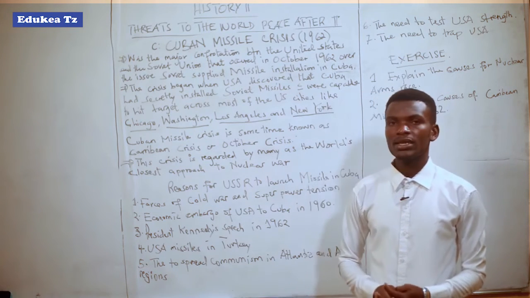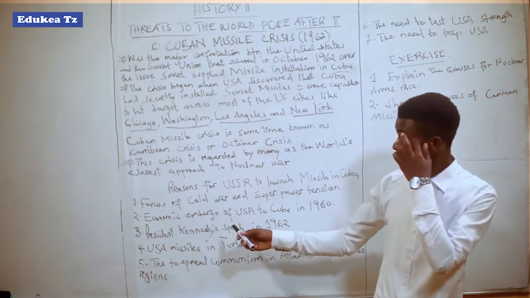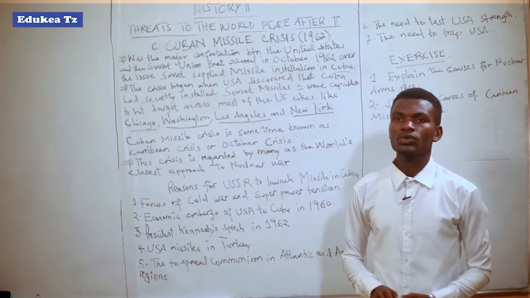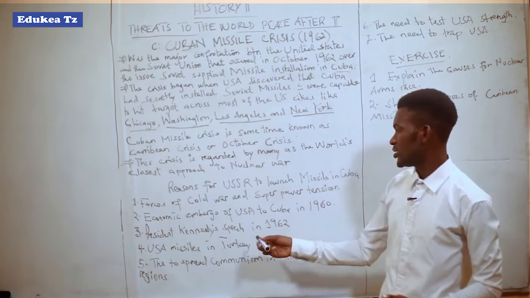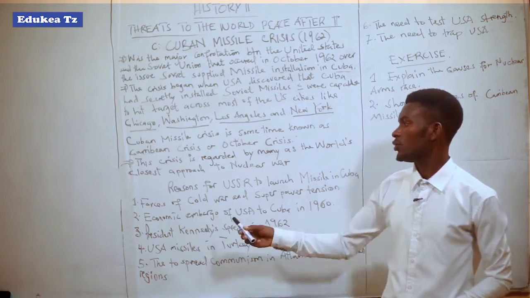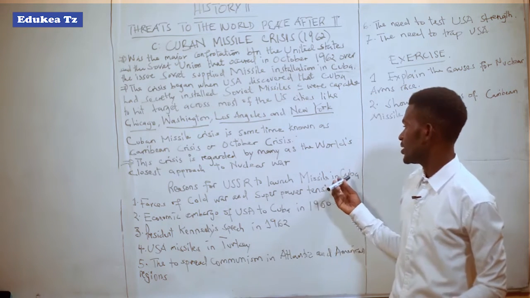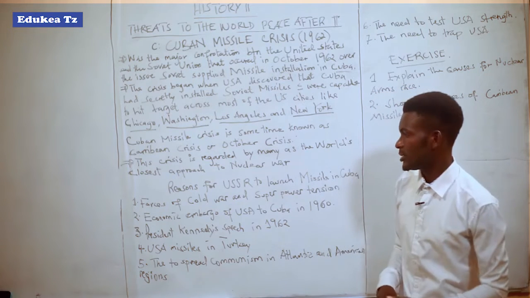So the USA government imposed an economic embargo on Cuba, so that there would be no trade between USA and Cuba. So that's why Russia or USSR decided to launch missiles in Cuba, targeting USA cities.